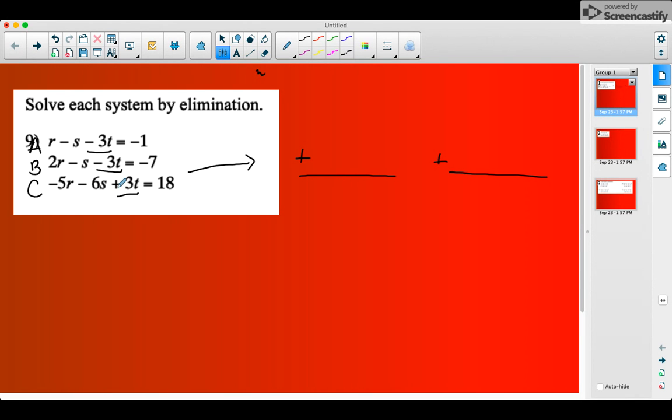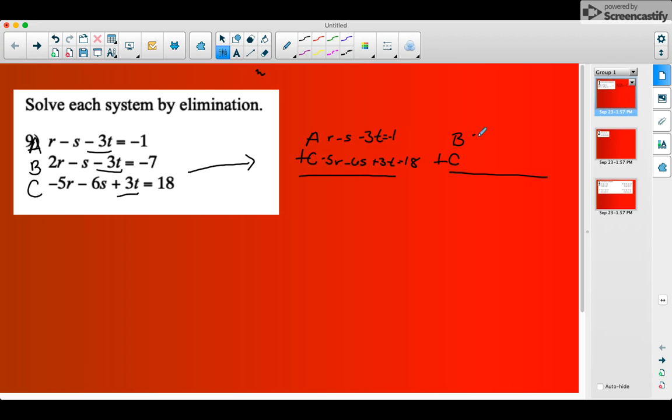So I have to decide which two equations I want to add. Since I have a positive and then I have two negative options, I'm going to add A and C, and I'm going to add B and C, because that would give me a positive and negative 3t in both situations. So A is R minus S minus 3t, and C is negative 5R minus 6S plus 3t equals 18.